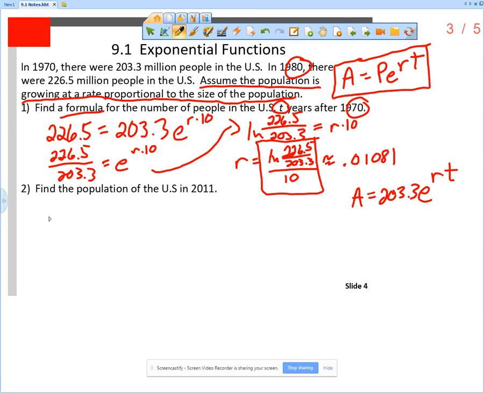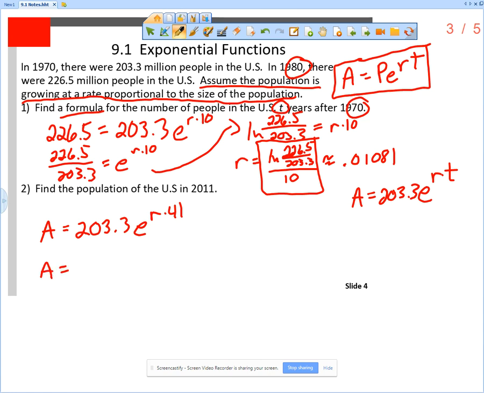And so we're going to say, well, A is 203.3 times e to the r times 41. Now remember, r is this calculated value here, so we're not going to type in 0.01081. We're actually going to use the calculated value, like the answer function on our calculator. So A is 203.3.